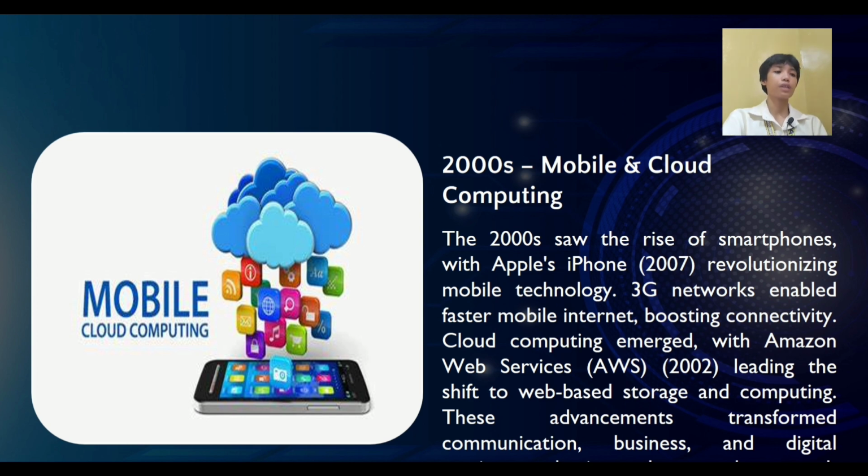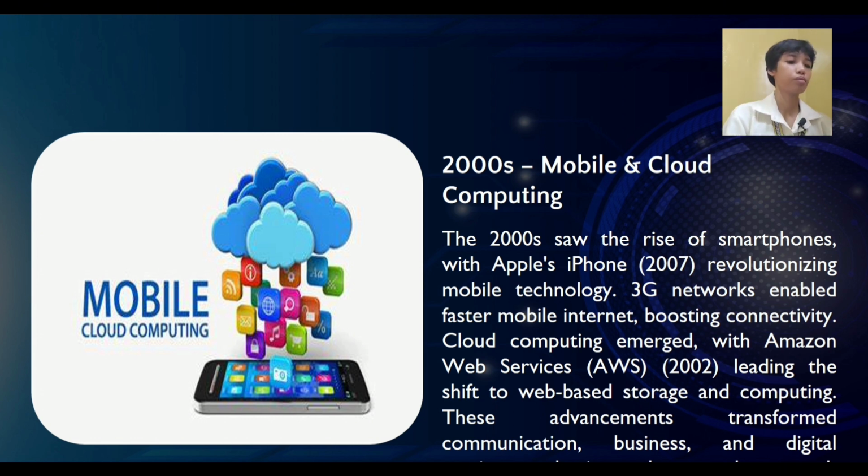And we have in the 2000s the mobile and cloud computing. The 2000s saw the rise of smartphones, with Apple's iPhone in 2007 revolutionizing mobile technology. It already used 3G networks, enabling faster mobile internet and boosting connectivity.